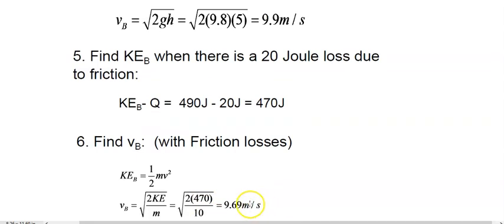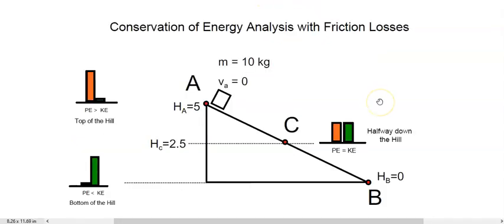Now you can see very clearly that 9.69 meters per second is in fact slower than the speed at the bottom when there was no friction losses, which was 9.9 meters per second. A problem like this is wonderful for illustrating several points, one of them being the conservation of energy. And another one is how the speed at the bottom of the ramp is less when there is a loss due to friction.